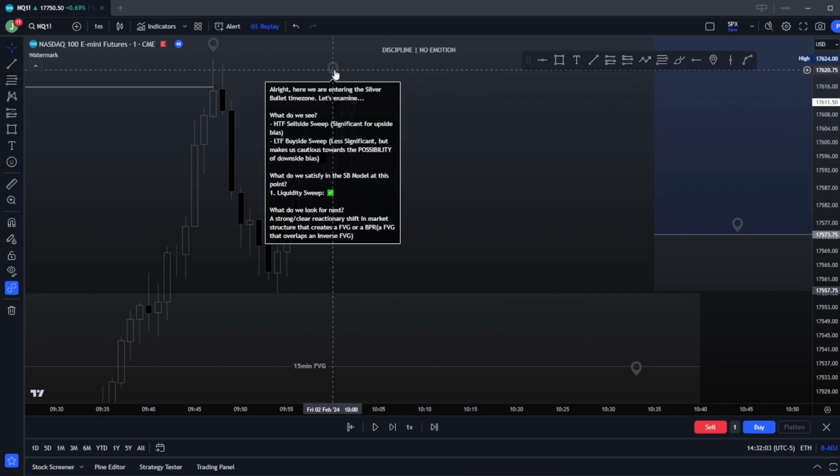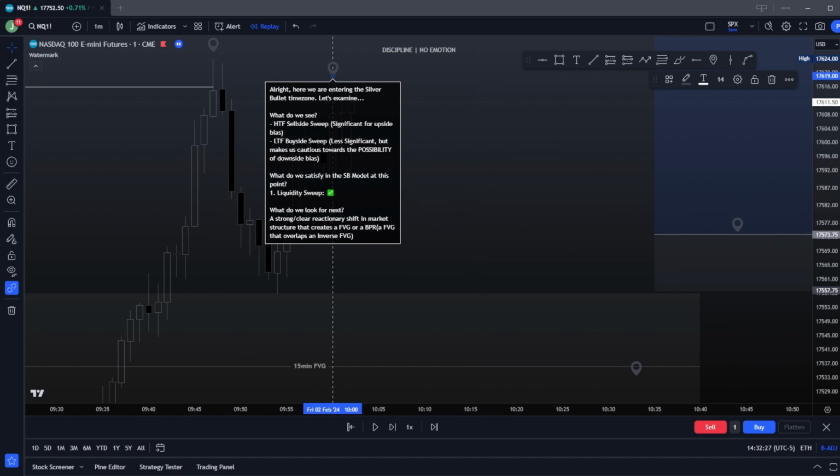But awesome, great. So we're looking for a reactionary shift in market structure that creates a fair value gap or a BPR. What is a BPR? A fair value gap that overlaps an inverse fair value gap. There's a minor gap in the 3 minute. This isn't right.